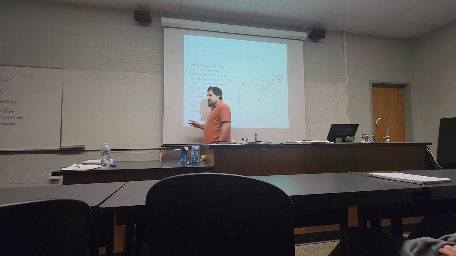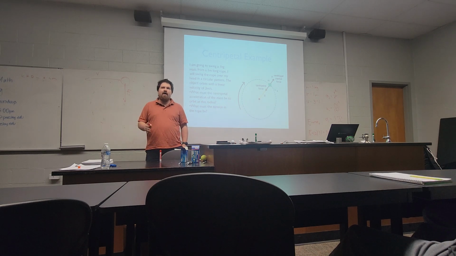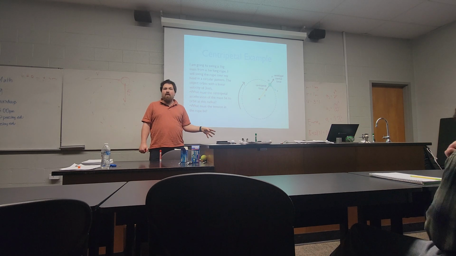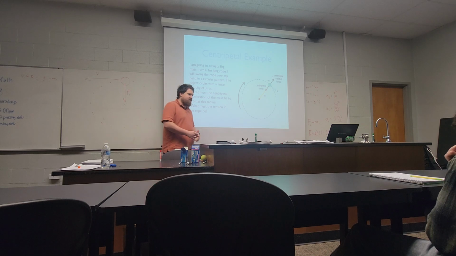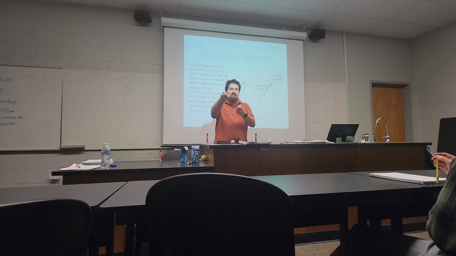Now, while I've got this example up, I want to ask a few hypotheticals to show how the relationships of the numbers work. Let's say we've got this same object, mass of 1 kilogram, the rope is still 1 meter long. But let's say we just choose to make our hand swing faster.